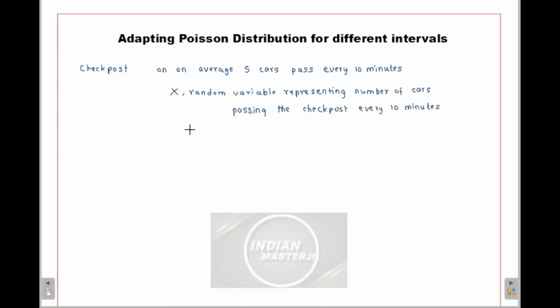And we would say that x follows Poisson distribution with the average or the mean value being 5.